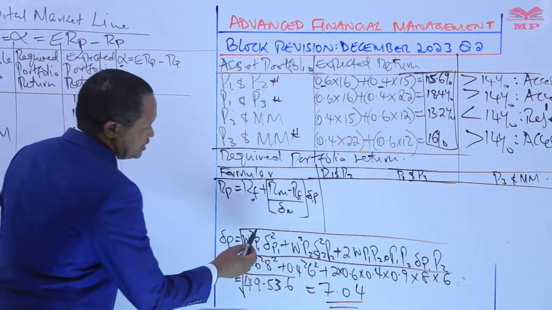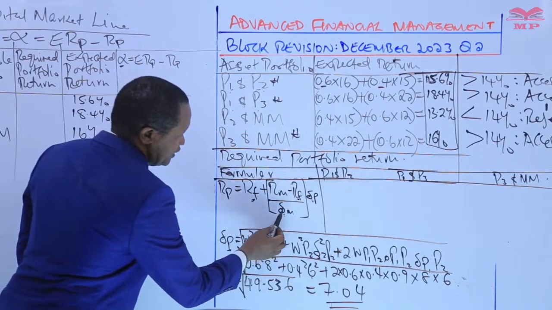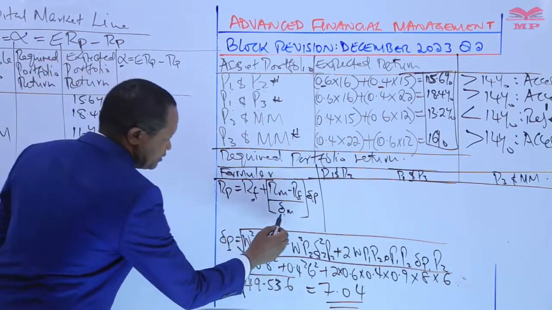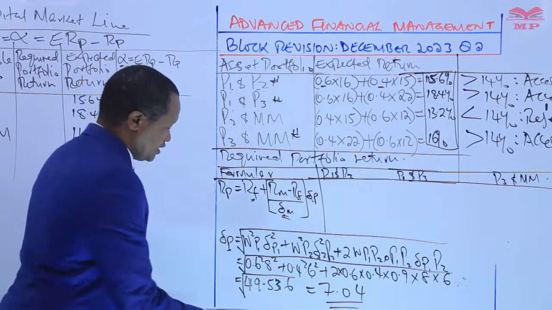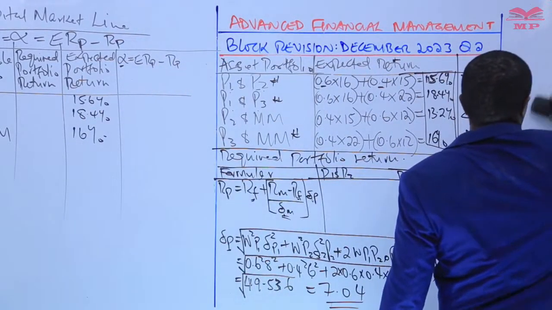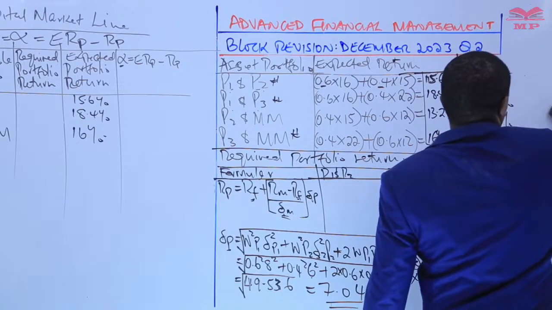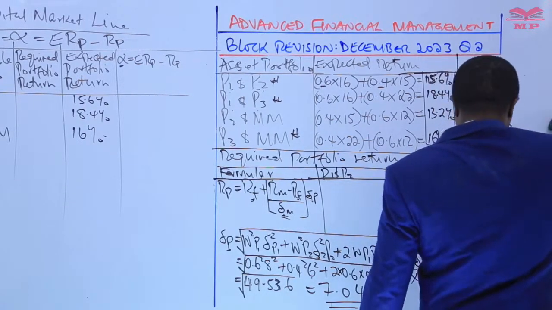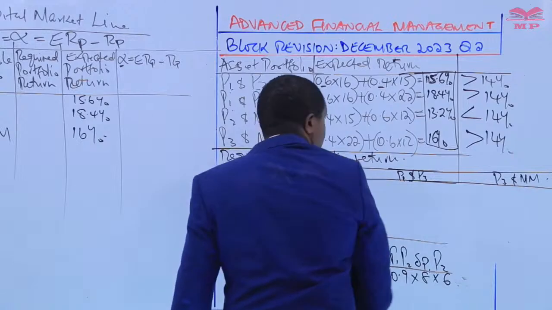Then we determine the standard deviation of the market. We need to calculate it, which is not provided within the question. Now, to calculate it, here is the formula.